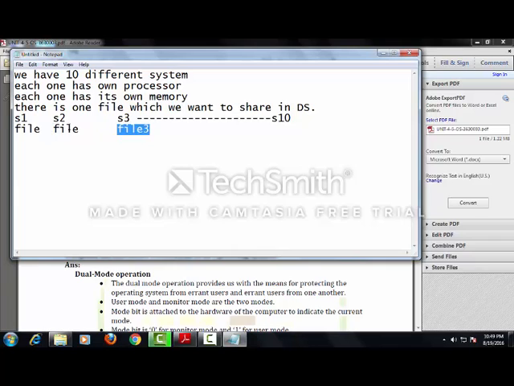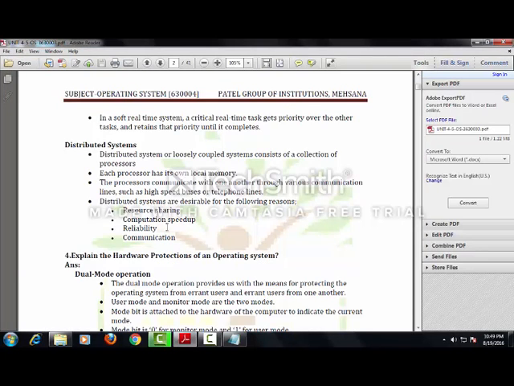Suppose I am near the S2 server, I can access this file from the S2 server. Every server is connected to each other through telephone lines with high speed buses, and it will transfer files to different operating systems and different computer systems. That is why computation speeds up very rapidly.